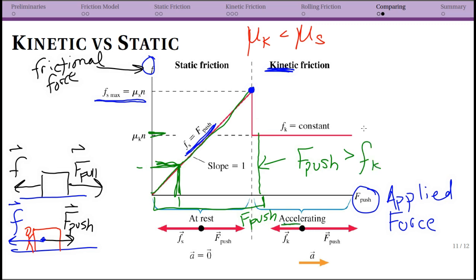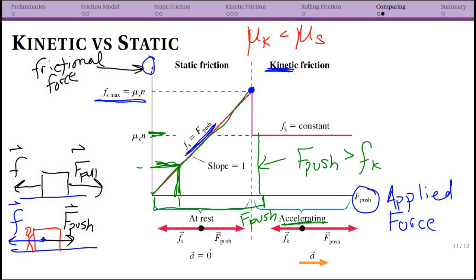That means that it's going to accelerate because in your free body diagram, F net will not be equal to 0. So that's what happens when you have a lower value of kinetic friction. And again, in the real world, that's what we normally have. So you push, you push, you push. It doesn't actually start moving. Then it starts moving. If you keep pushing with the same force or just a little more, it actually starts accelerating because you're pushing harder.